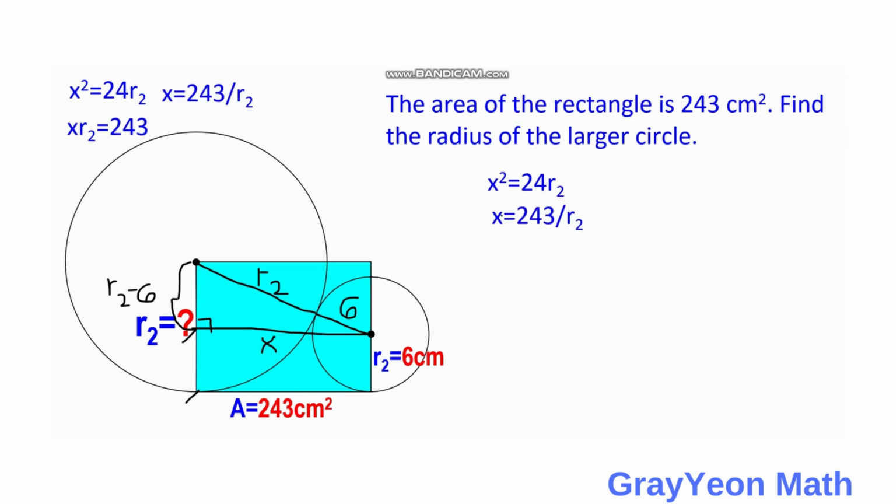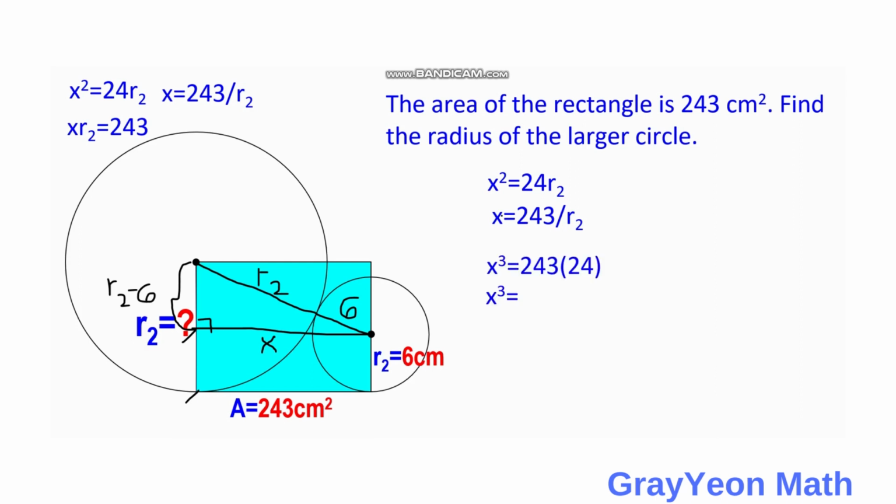Next, we multiply these two equations. X squared is equal to 24 R sub 2, and X is equal to 243 over R sub 2. If we multiply them, the R sub 2 over R sub 2 cancels, so we have 243 times 24 equal to X cubed.